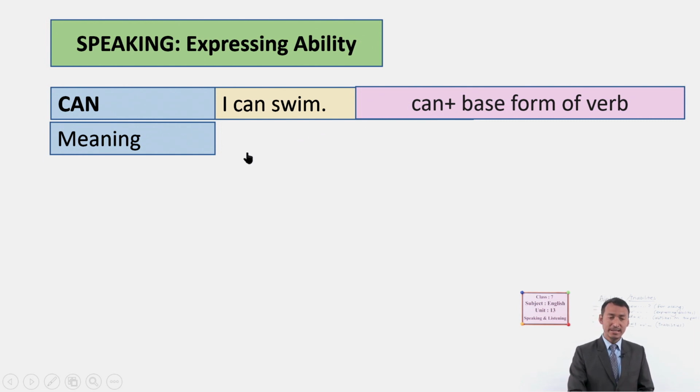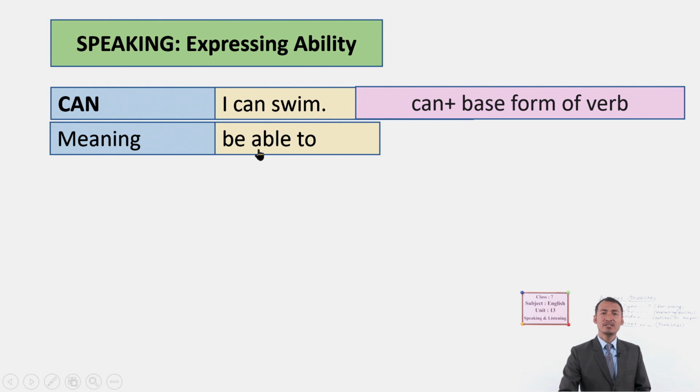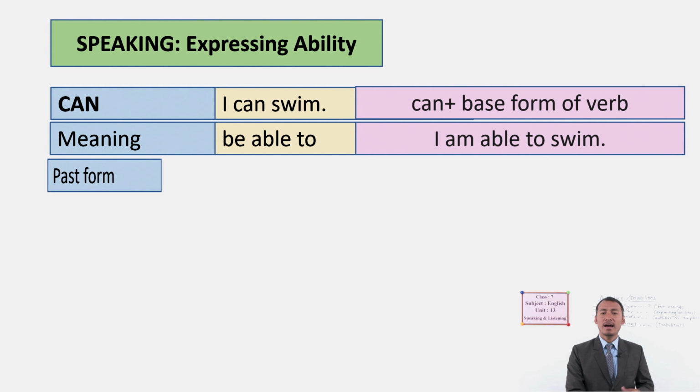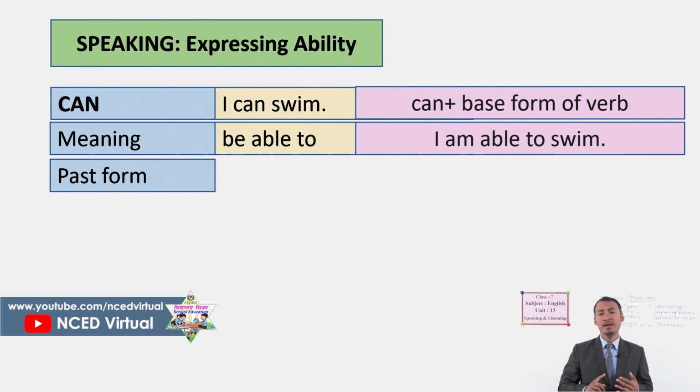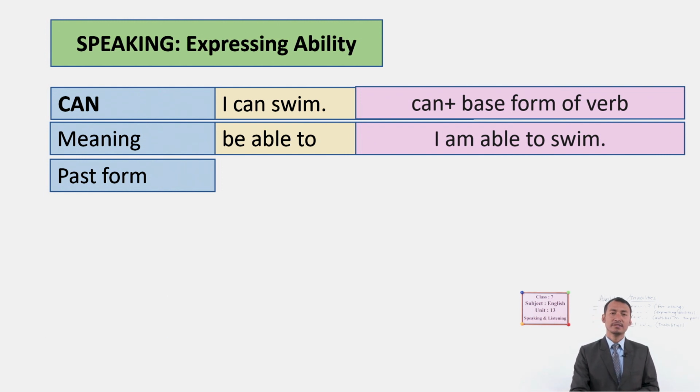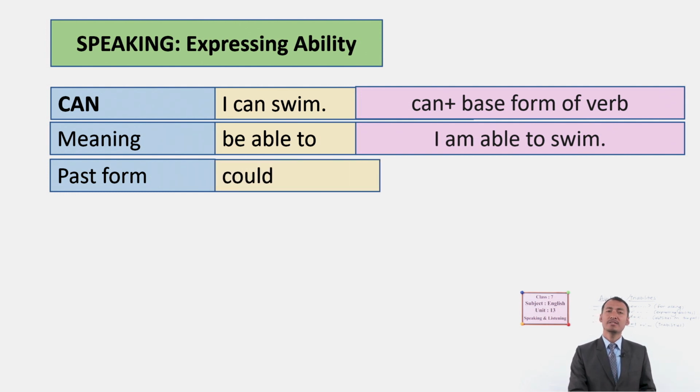Now what is the meaning? As I already said, the meaning of can is to be able, to have the skill, to have the ability to do something. For example, I can swim means I am able to swim. And when you have to talk about past abilities, we use could.